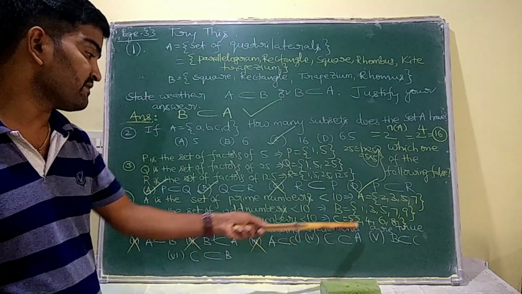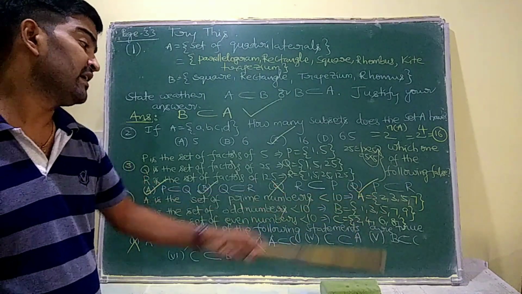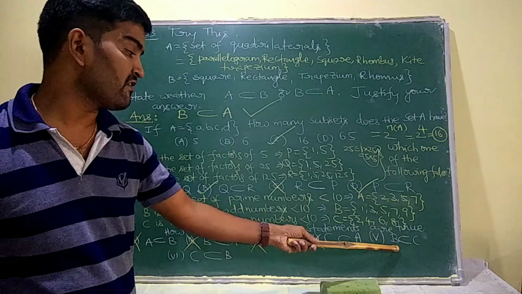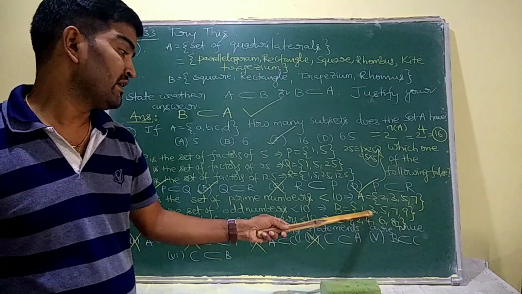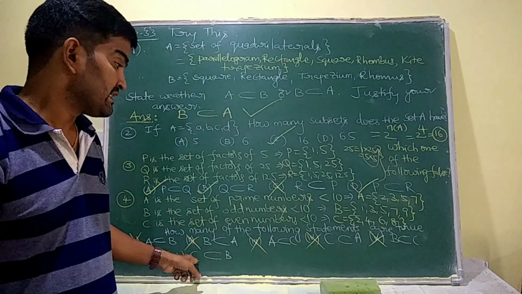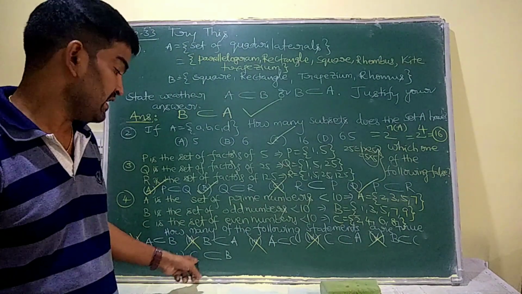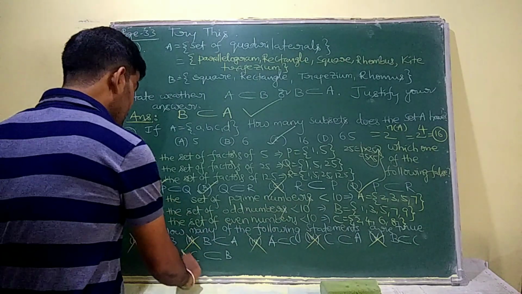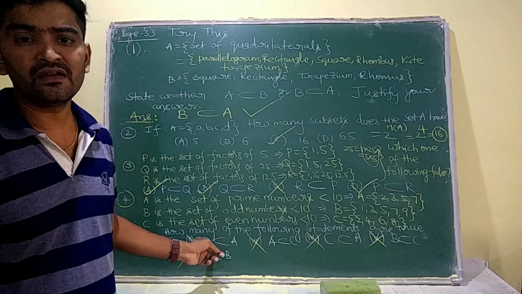Are all the elements of C there in A? That is also false. Are all the elements of B there in C? No, also false. Last one: are all the elements of C there in B? No, that is also false. That means all the given statements are false.